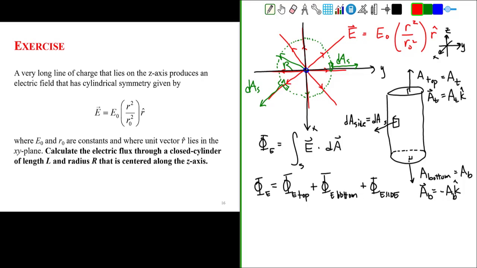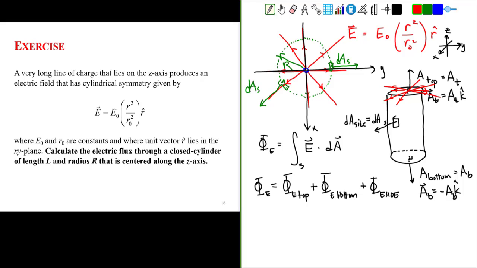Well, that's a really good question. If you again look at the electric field lines, the electric field lines do not really cross that top surface. They might lie in the top surface, but they're not crossing the plane of that top surface.